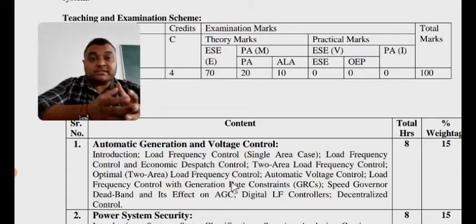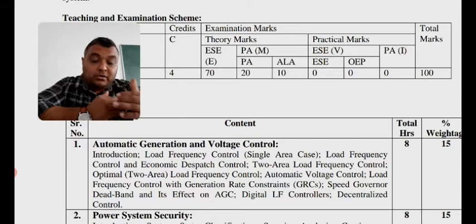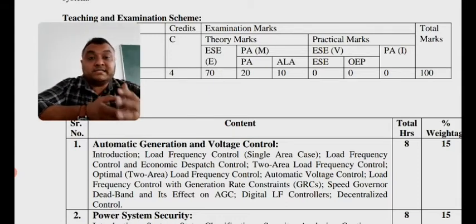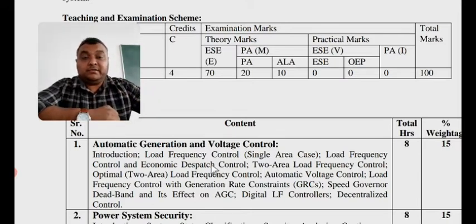So this first chapter is all about automatic generation and voltage control, how the generation is controlled and how the voltages are controlled with automation. That is what we are going to learn in this chapter.